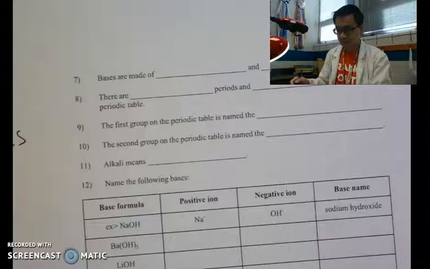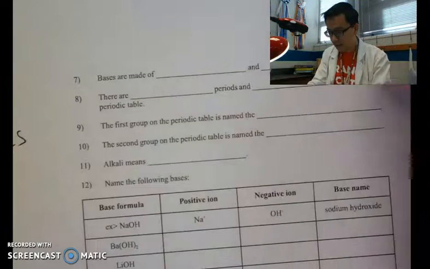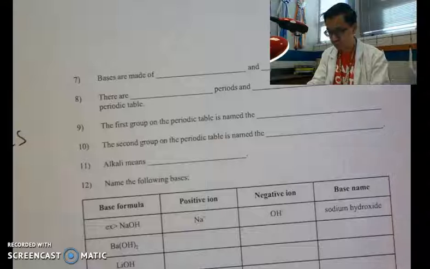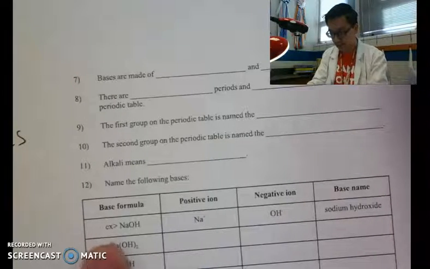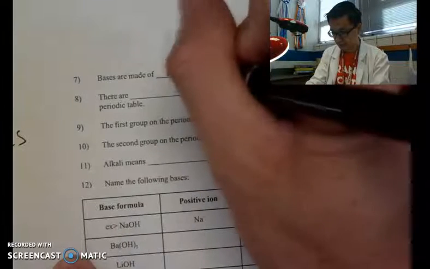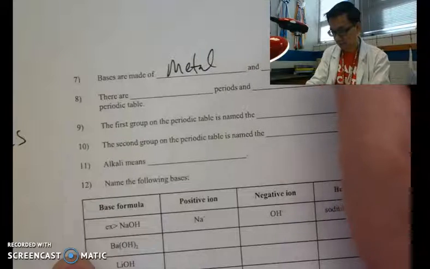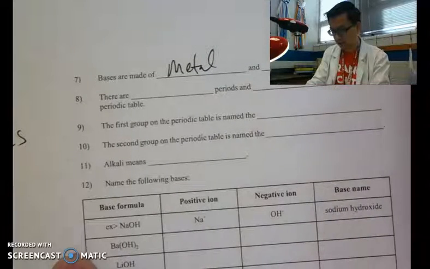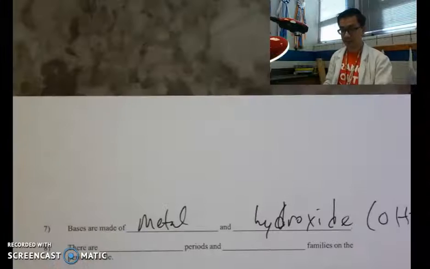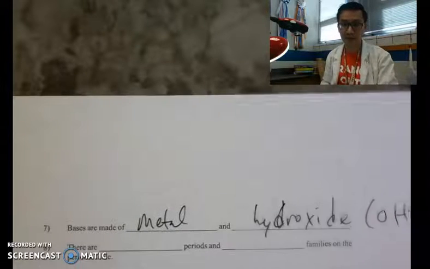Okay, so bases are made up of a metal and a hydroxide ion. I hope this is right, but it sounds right with the OH at the end. Hydroxide is OH. Remember that? Metal with hydroxide ion.